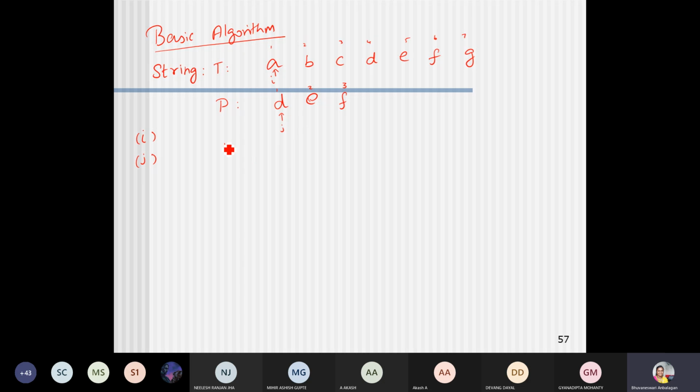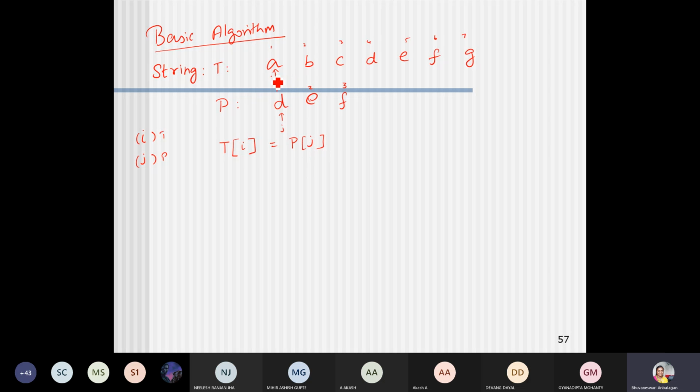I'm going to make use of two different variables to handle this search.